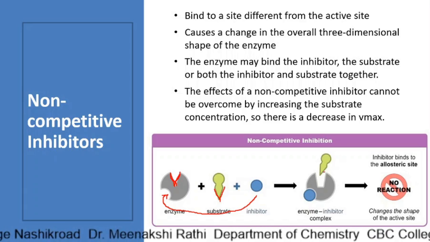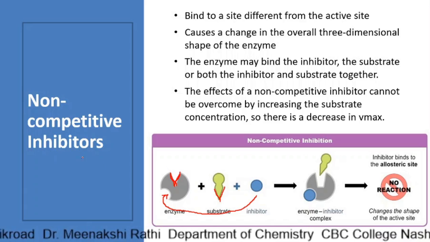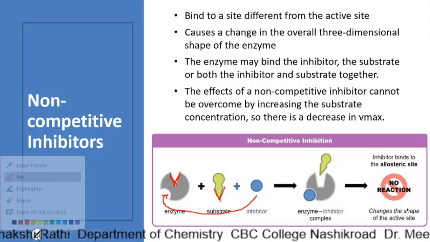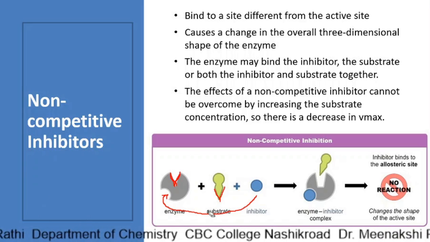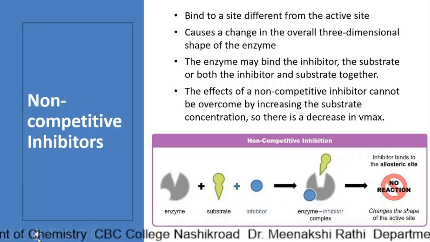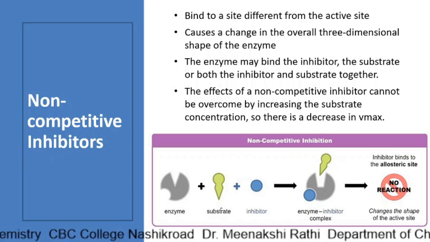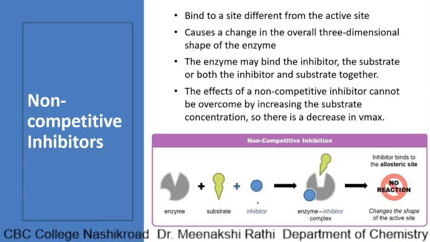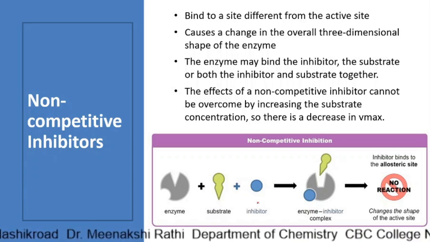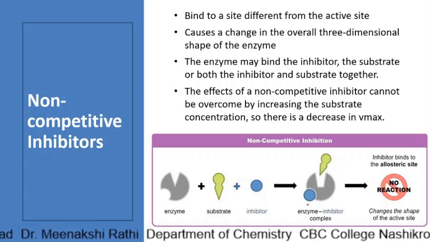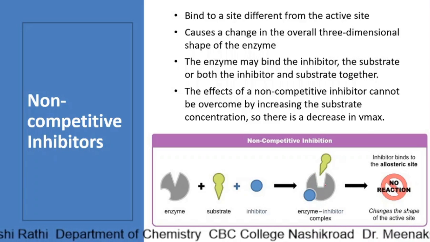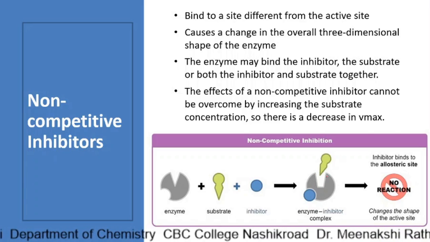But here, in case of non-competitive inhibitors, substrate and inhibitor are not structurally alike, so there is no competition between them. But what happened when the inhibitor attacks the allosteric site of the enzyme, it changed the complete shape of the active site.